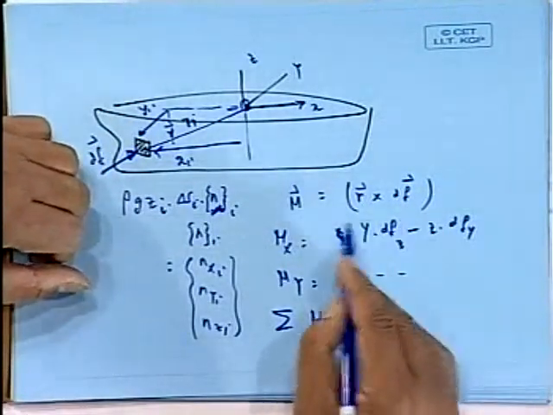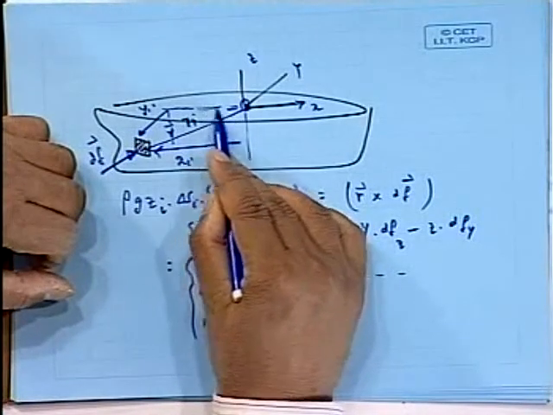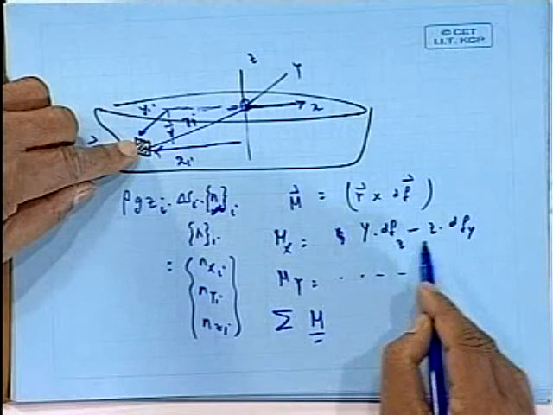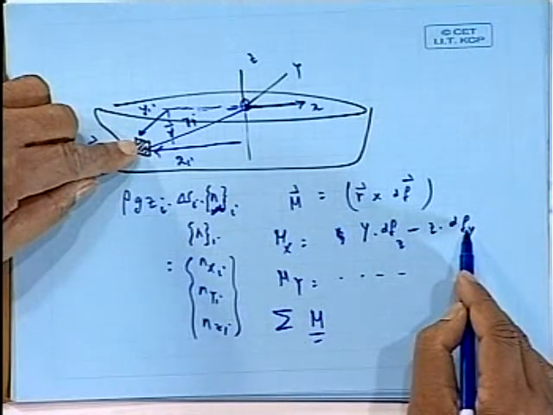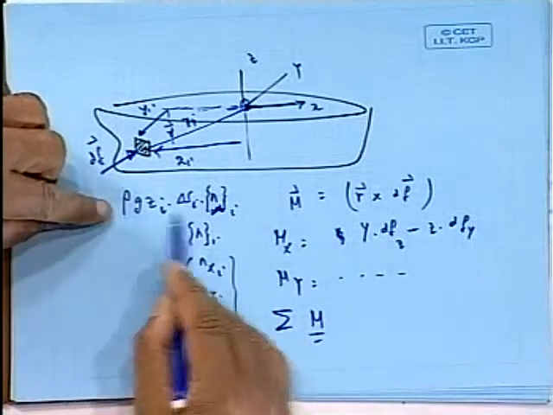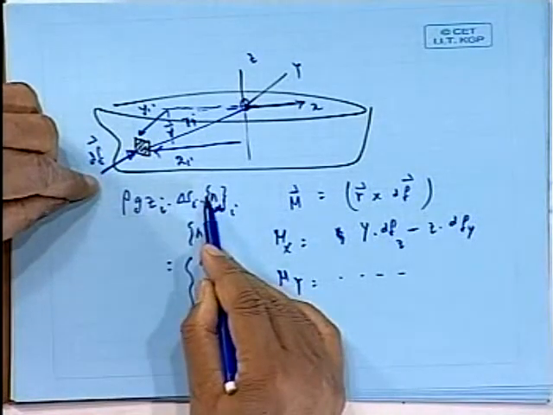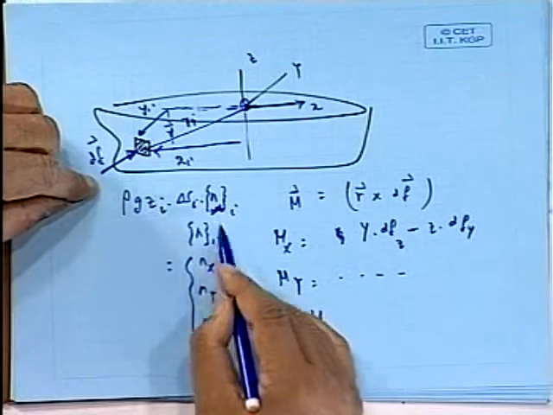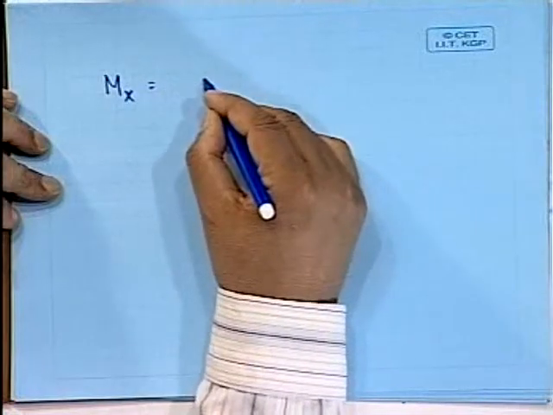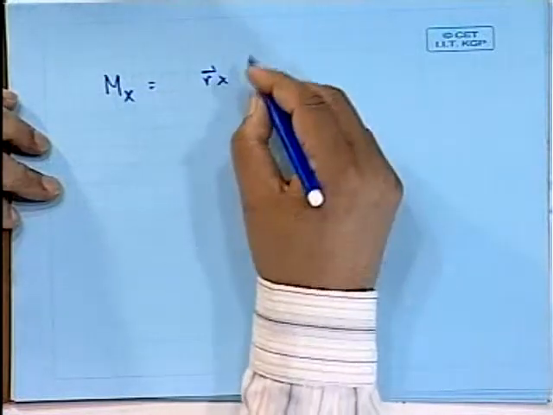So if I sigma this m, maybe I should show one of them. As I said, the moment about this x axis will become the y coordinate of this point into dfz minus the z coordinate into dfy. What is dfz? Dfz is this value with nz. Dfy is the same value with ny. In fact, I will just show you: mx equals r cross df.